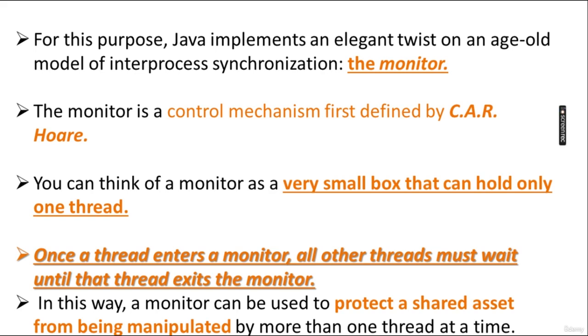Okay. So take a complicated data structure like a linked list. You are putting data at the head, at the back, in the middle, and at the same time another thread is reading, and another thread is displaying the data to the user. It is not allowed, and this structure will be protected by using a monitor.